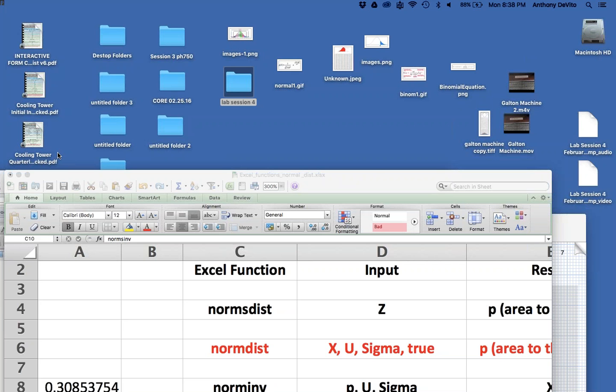If I'm talking about diabetics, and I told you that 10% of the population is diabetic, if I randomly select 100 people, how many of them would I expect to be diabetic? 10% of the population.